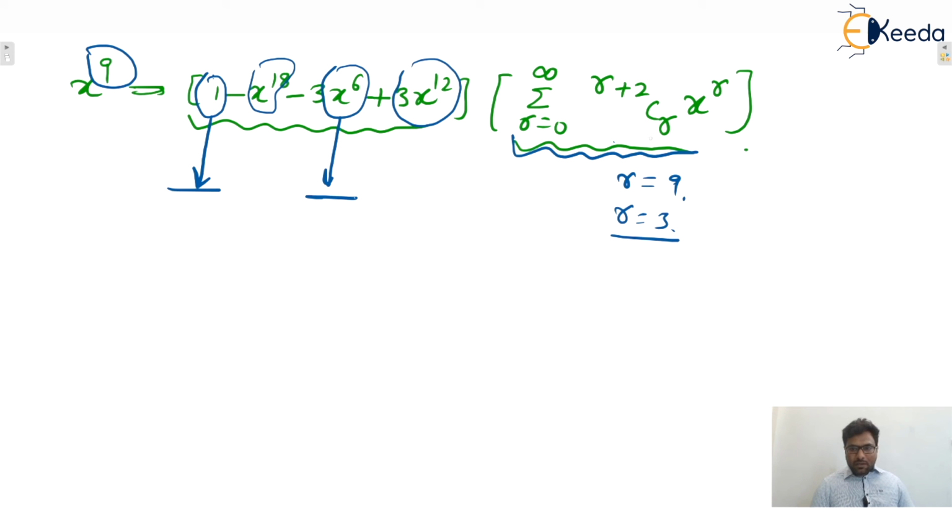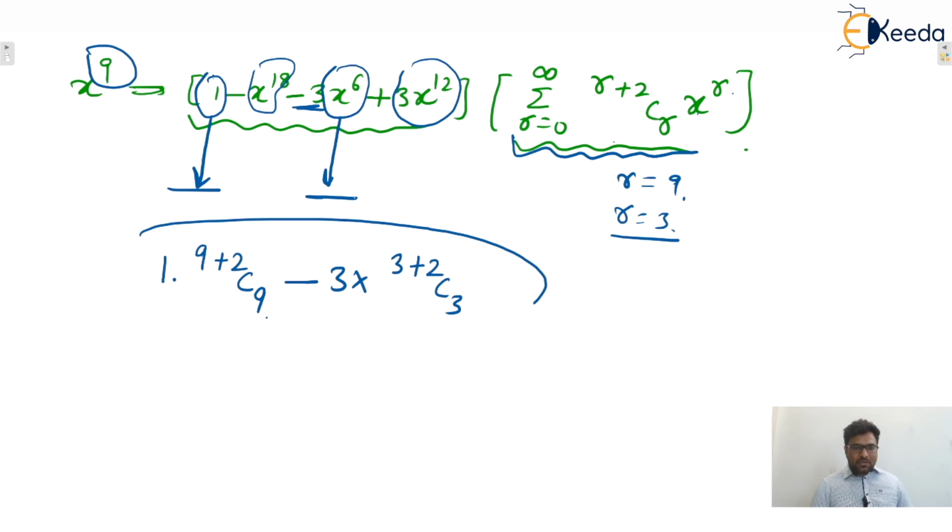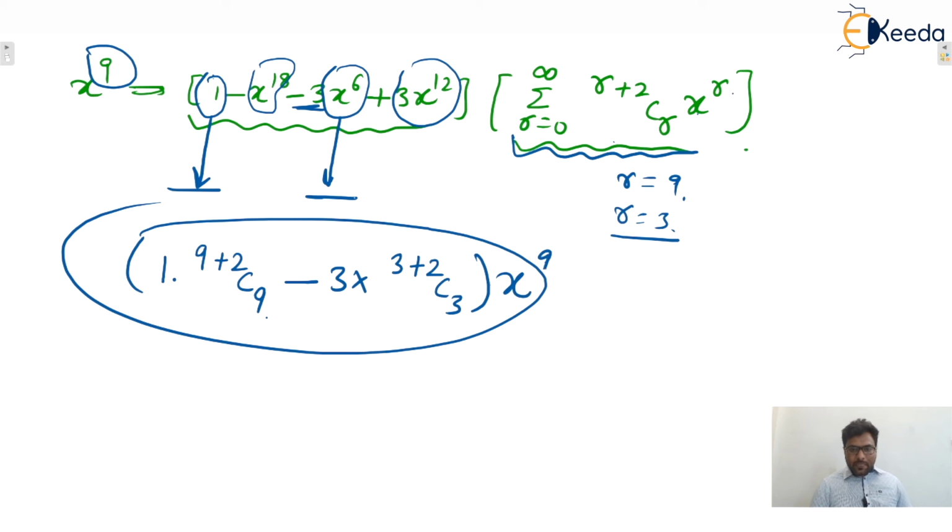Now, with these two terms on multiplication, we'll get the x power 9. When 1 is multiplied with r value 9, so when r value is 9, then the coefficient will be 1 into 9 plus 2 C 9, minus 3, this 3 is multiplied with r value 3, so r value 3 means 3 plus 2 C 3. So this will be the coefficient of x power 9.